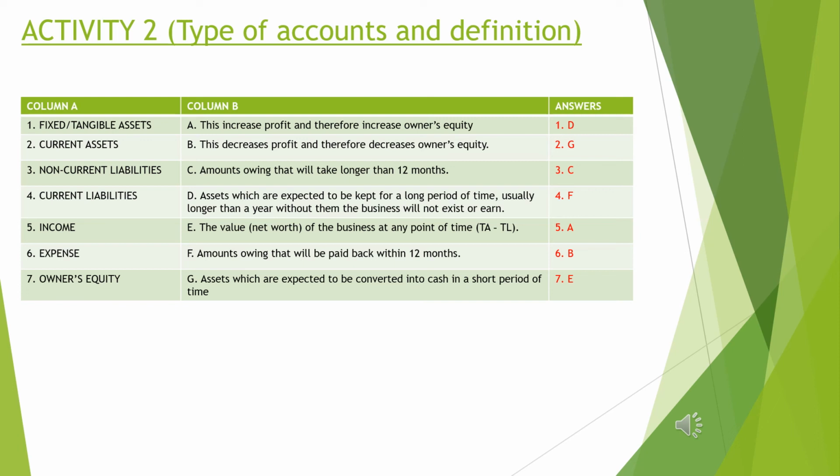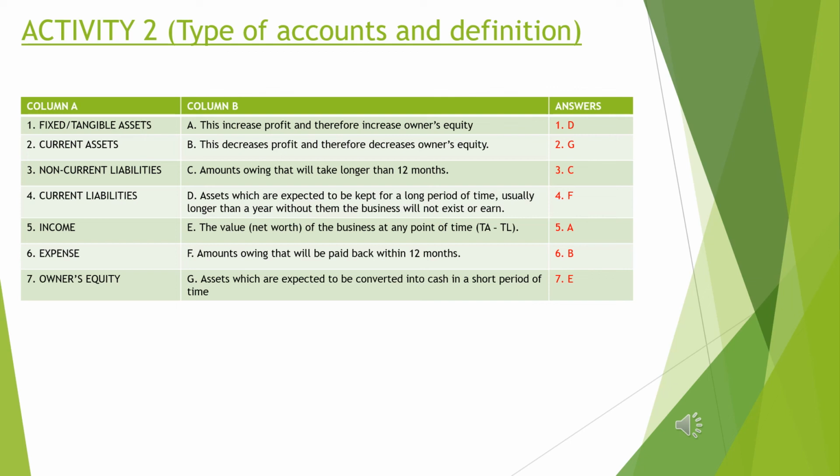So the scope of this question is limited to column A, number 1, fixed assets, and number 2, current assets. But we are fully aware that we have matched your fixed assets long ago. Then we assume here that it's number 2, your current assets, but let us confirm.